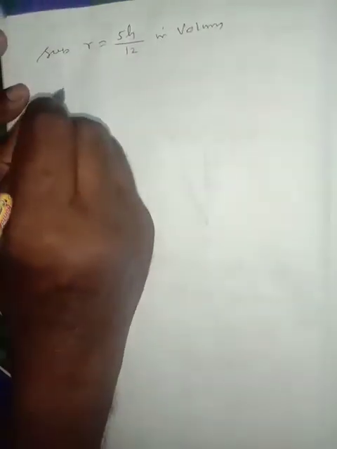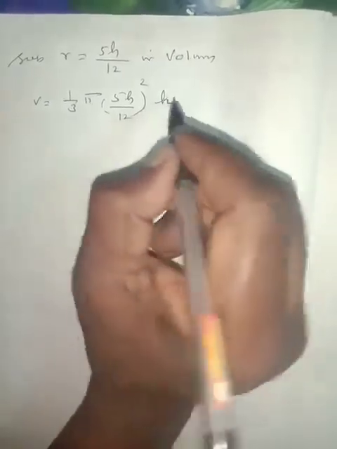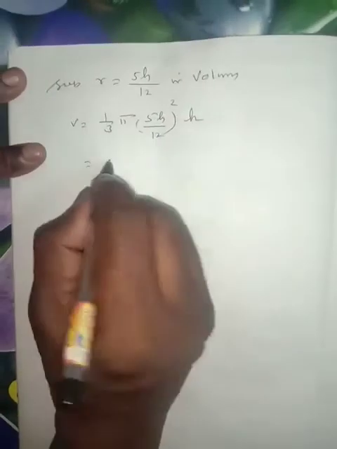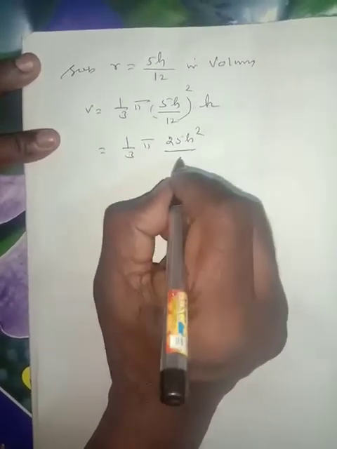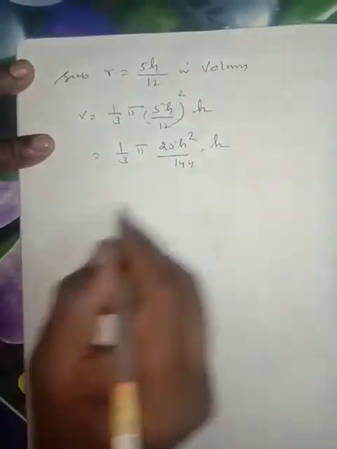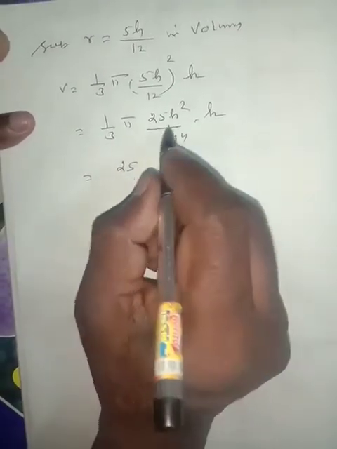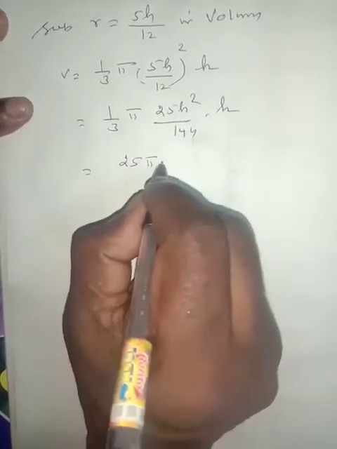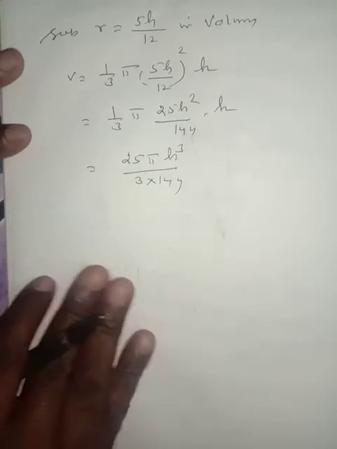We have V is equal to 1 by 3 pi into 5h divided by 12 whole square into h, which is equal to 1 by 3 pi into 25h square divided by 144 into h, equal to 25 pi h cube divided by 3 into 144. Now differentiate V with respect to time t.